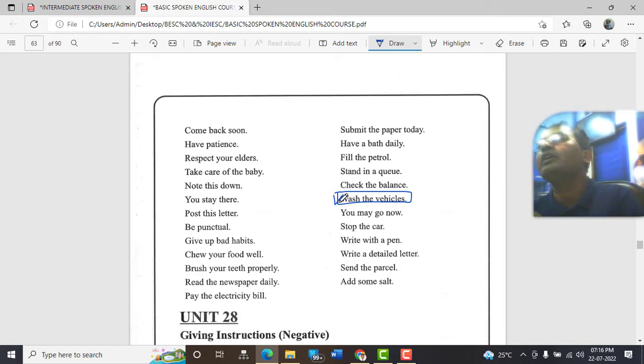Now for intermediate, we will say: can you use a sentence before this? Can you use a sentence after this? That means you have a hold on it. Ravi always keeps his vehicles clean.